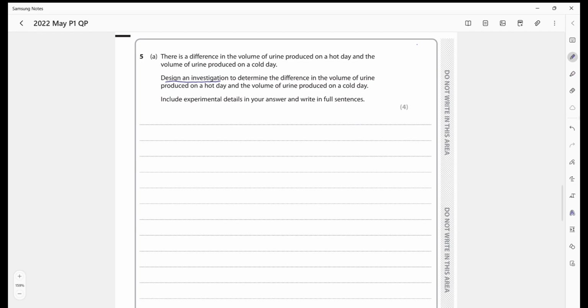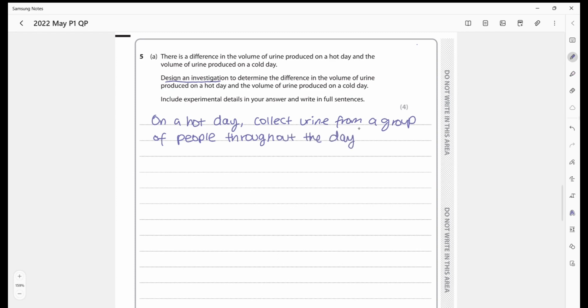Okay, so on a hot day, collect urine from a group of people throughout the day and measure the volume.